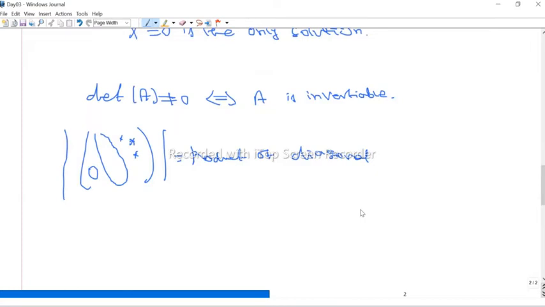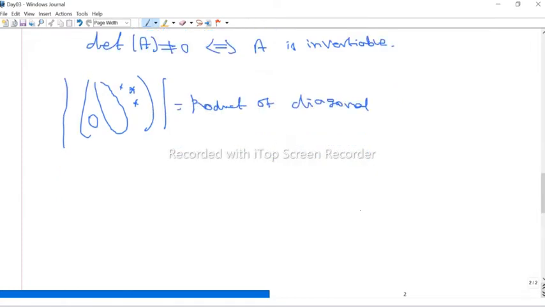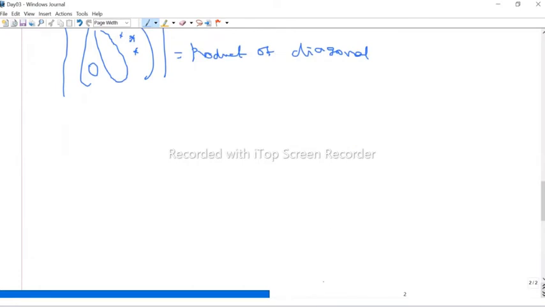And suppose you take a non-homogeneous equation Ax equal to B. If A is invertible, then again the system has a unique solution.